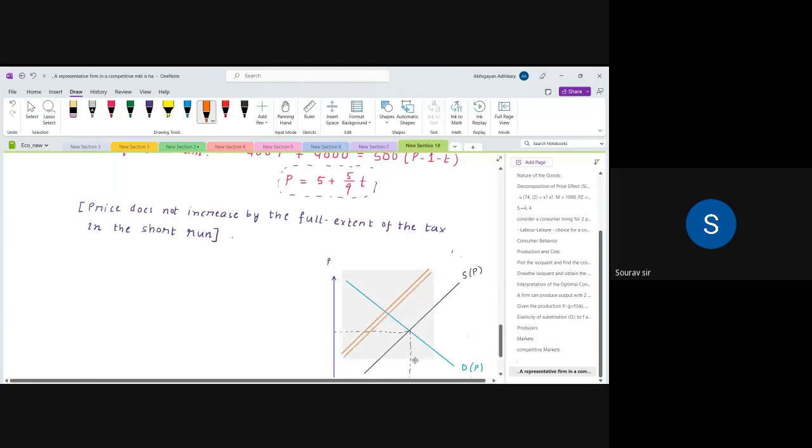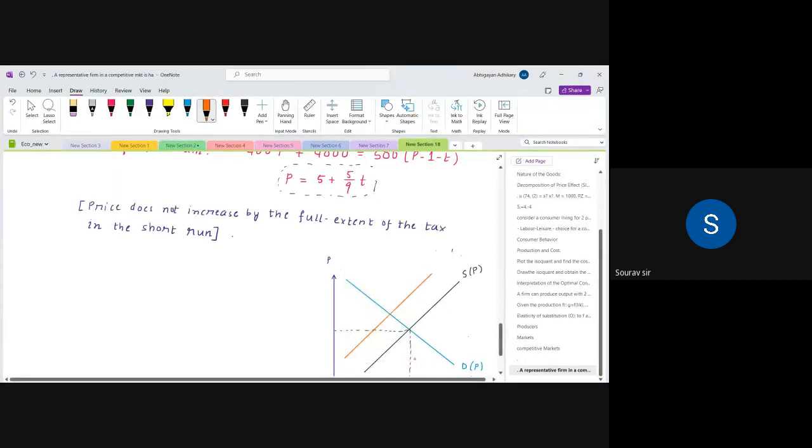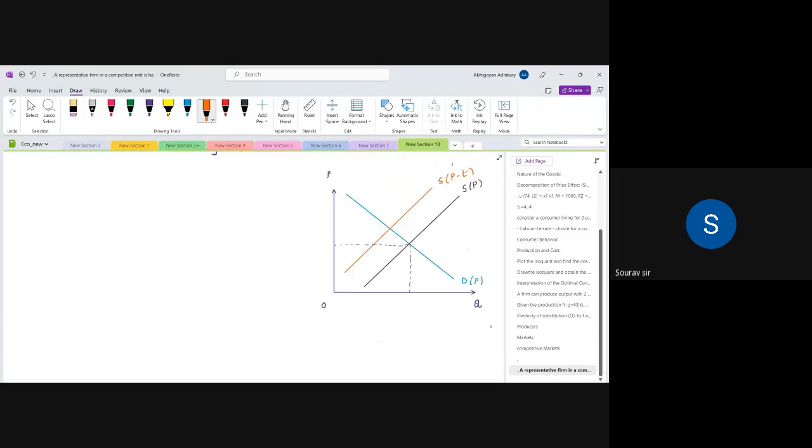And the post-tax scenario is something like this. S as a function of P minus T. So this is the equilibrium E, this is the equilibrium E dash. The pre-tax equilibrium P star, Q star, and the post-tax equilibrium, this one. So this is Q double star, PD star.